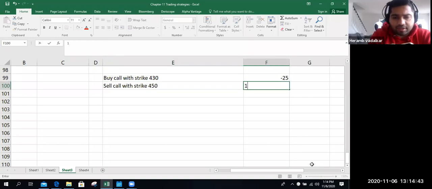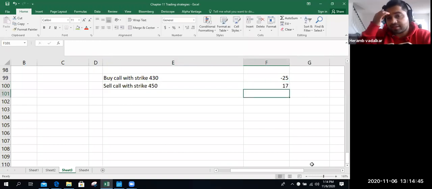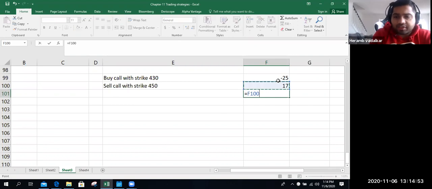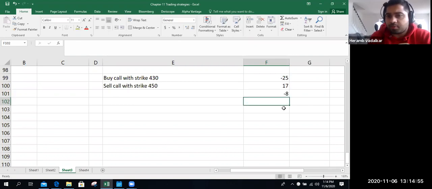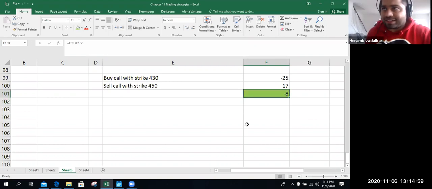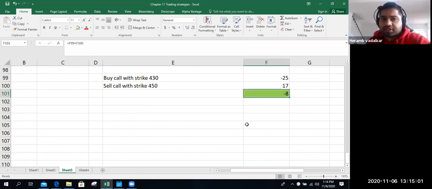Okay, that was $17. The price of that is $17. So when you sell a call, you get money. When you buy a call, you pay money. So how much is the effective money that you paid? You paid $8 to create this position. You bought a call at 430. You sold a call at 450.